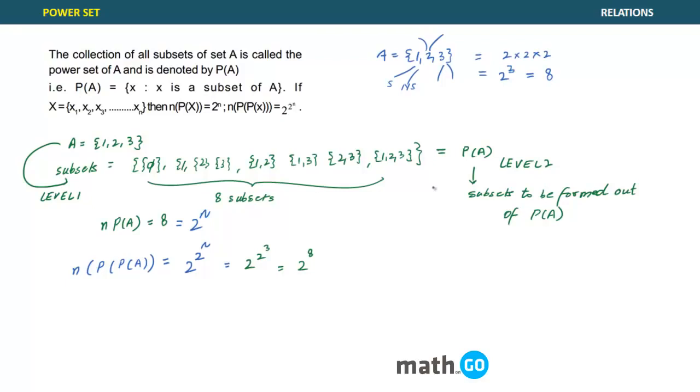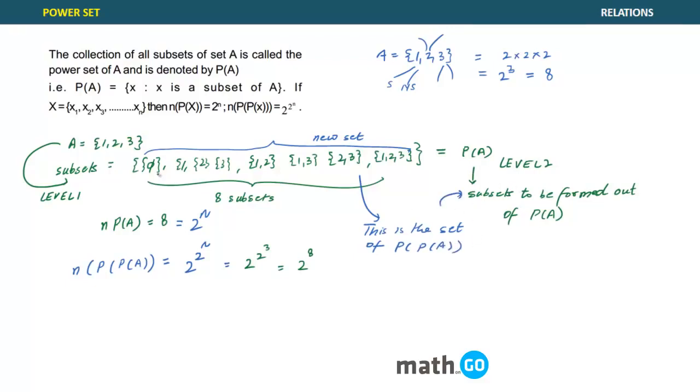Now what is happening with level 2? Level 2 does not have 3 elements. Now you want to form subsets using this particular set. This is the new set, or in fact, this is the set for P of PA, from where you will start building the subsets, right?